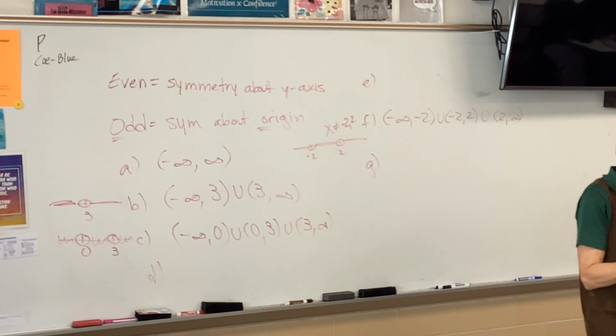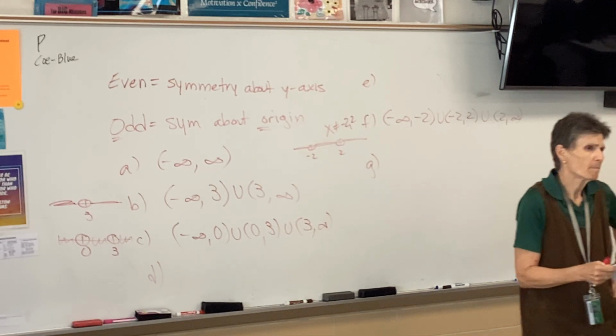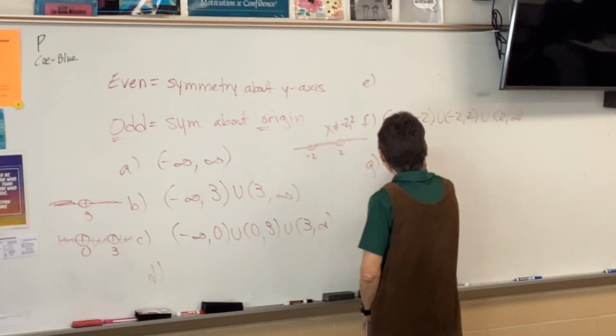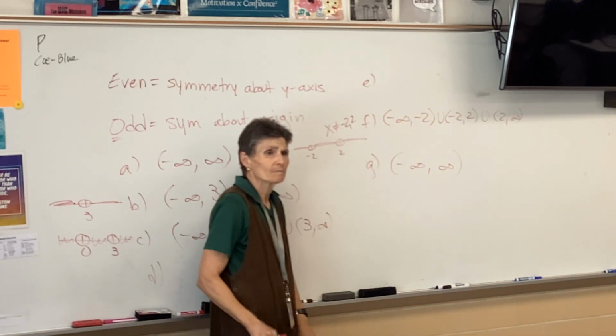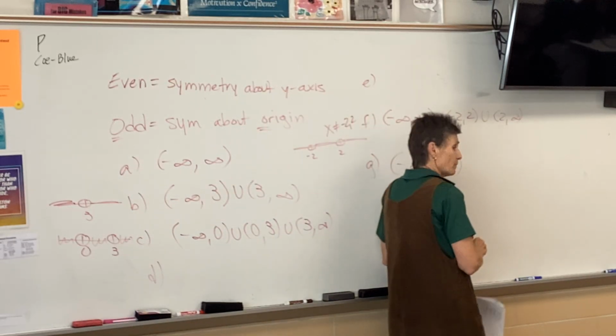What about G? Finn, you want to explain that to your peers? Because there's no value of X that's going to make the denominator 0. Exactly. Beautifully done.